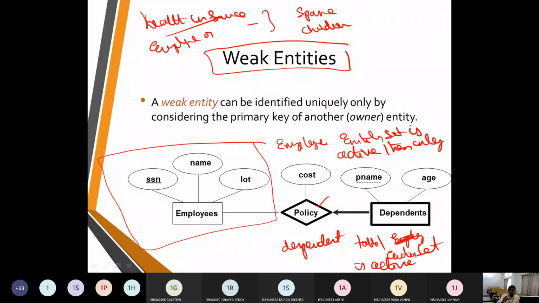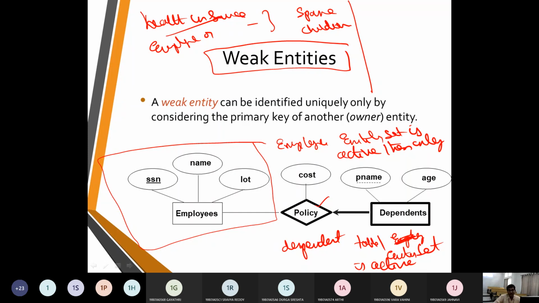If I am taking health insurance, as long as I work in this department, I will get health insurance, my spouse will get health insurance, my children will get health insurance. Now, I will talk about the first case. I am the employee of this college and I am given a health insurance policy.